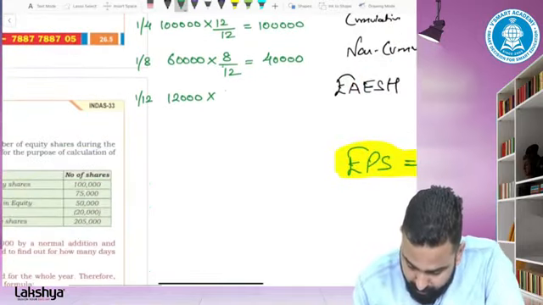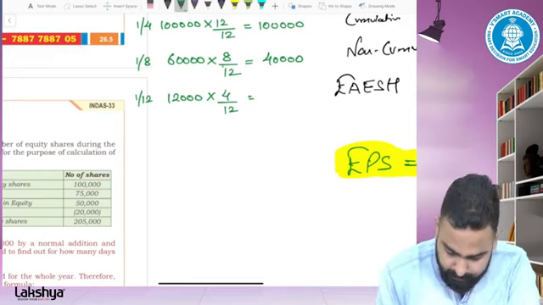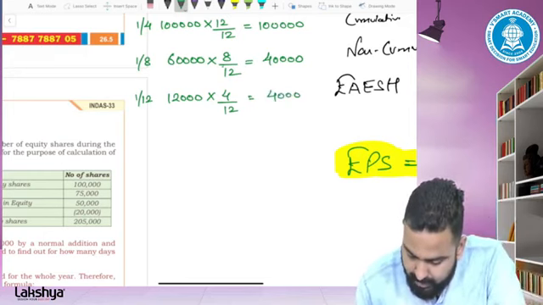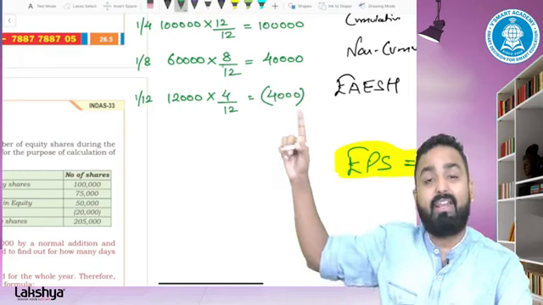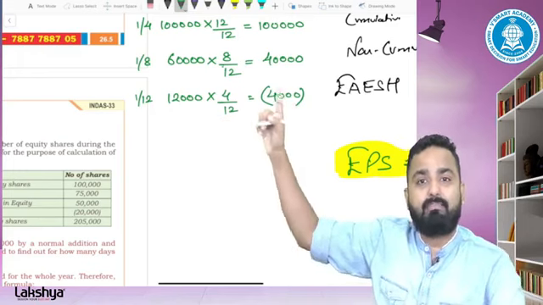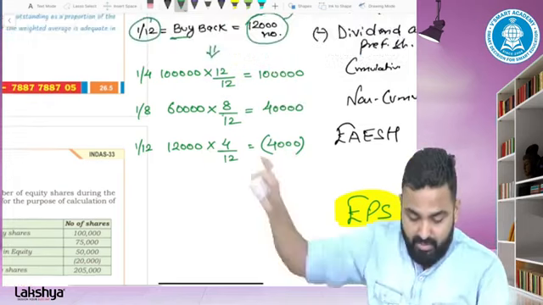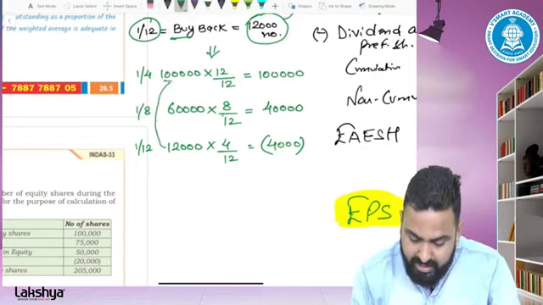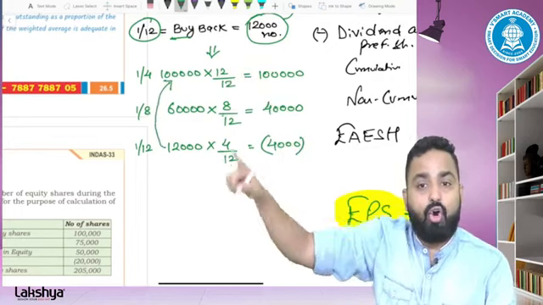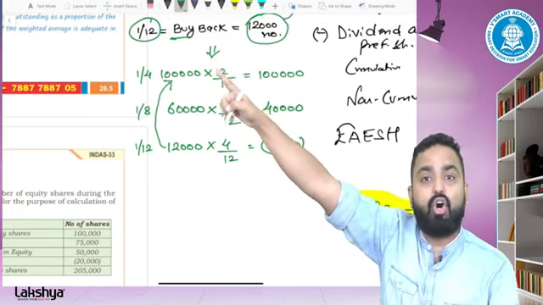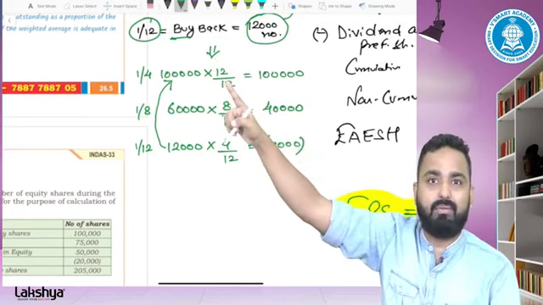So, 12,000 into 4 divided by 12, it will be 4,000 and it will be deducted. Why am I reducing? Because this 12,000 figure is already included in 1 lakh, and on these 12,000, we have already made the 12 by 12 calculation.